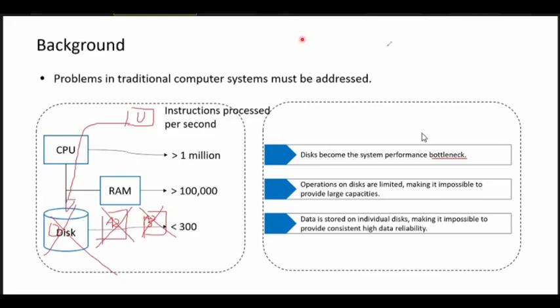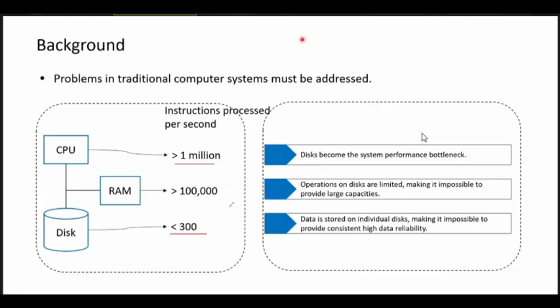Not only that, because of how a single disk works, it might process less than 300 instructions per second, so maybe 300, 250, 260 instructions per second. 260 instructions per second is not a lot for a computer system. You can already see the CPU can process about 1 million instructions per second.